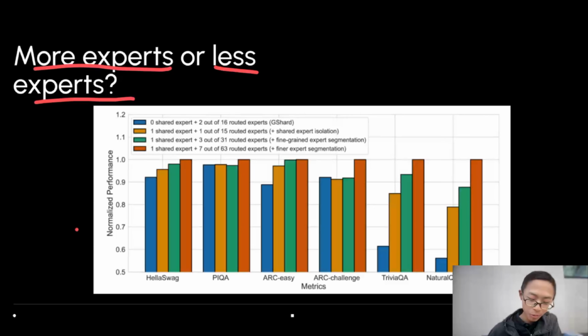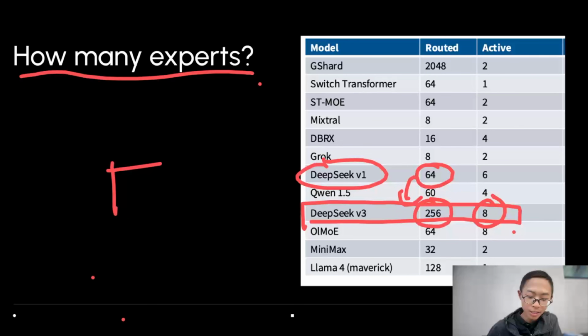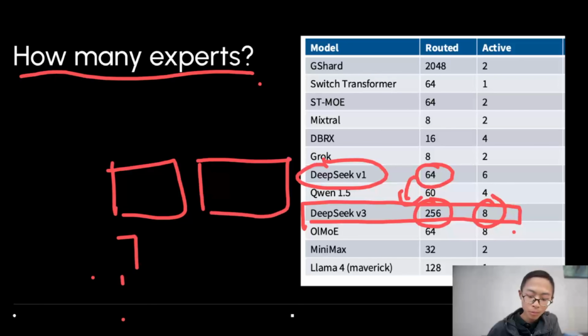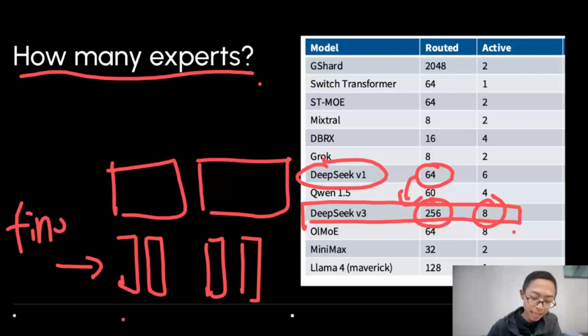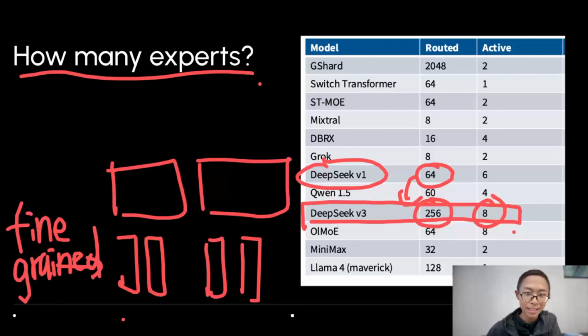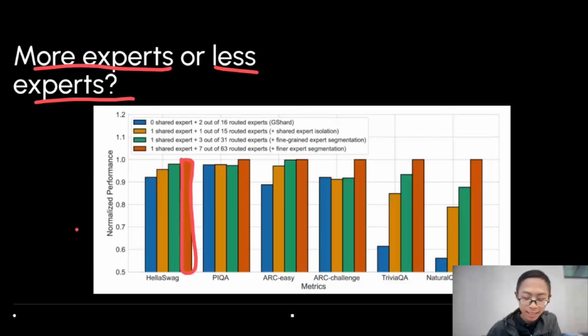That means, do we want big experts but fewer of them, or more small experts? It turns out that fine-grained experts are better. On the orange line, this is 63 experts, and the blue is only 10 experts. As you see on different benchmarks, the more experts, the better.